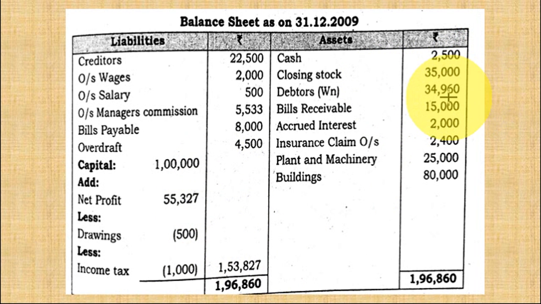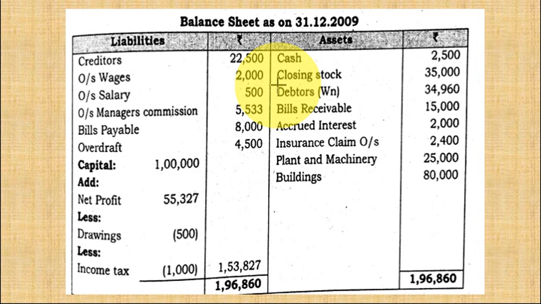So debtors. Debtors we have calculated at that time. How did we calculate debtors? Debtors given in the trial balance 40,000 less new bad debts given in the adjustment 2,000, less wrongly debited office rent to landlord account 1,200.